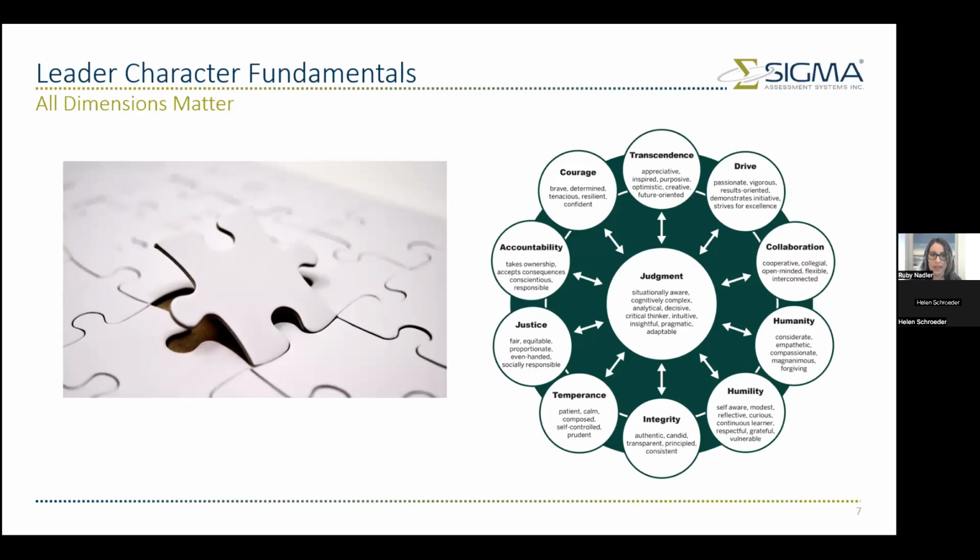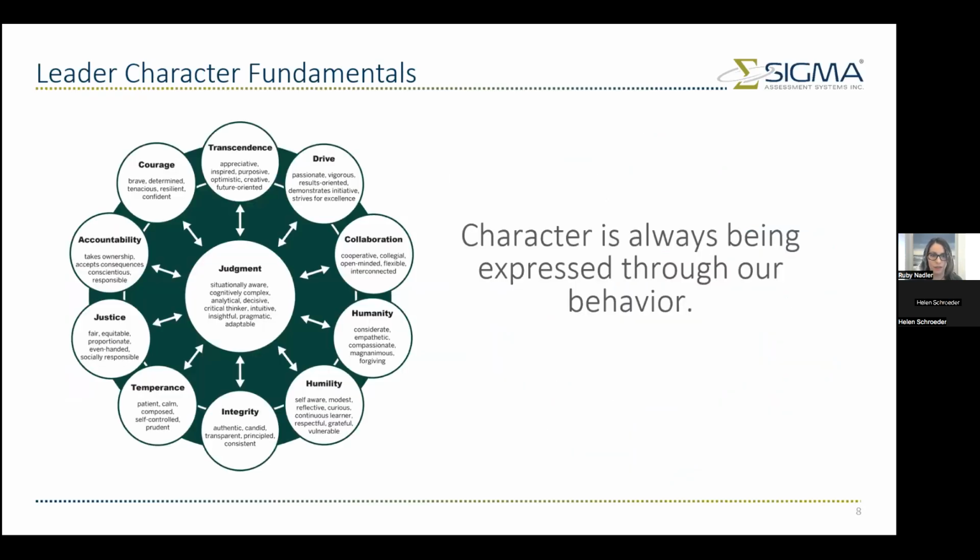But the idea is that if there's a real gap or a lack of a given dimension, there will be negative repercussions based on that. So all of the dimensions matter, and they're all interrelated as well. And then finally, character is always being expressed in our behavior. So that's something really important to understand.